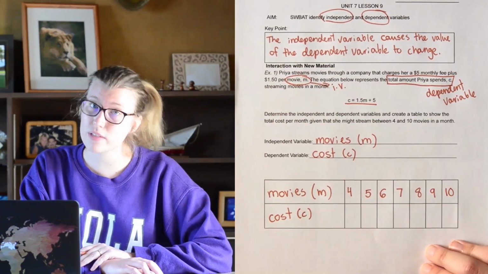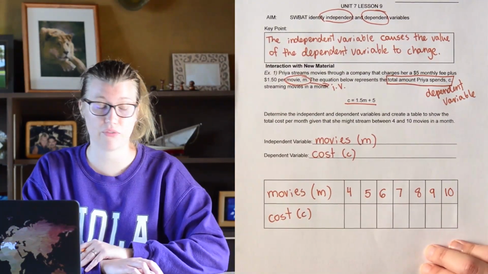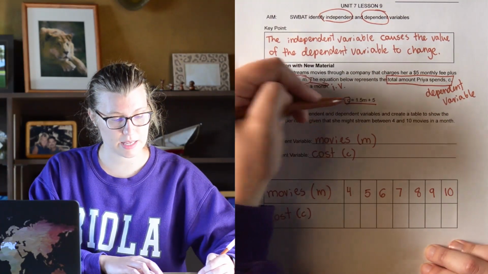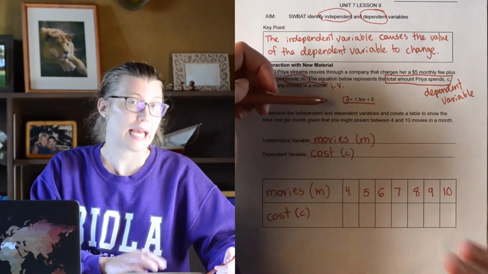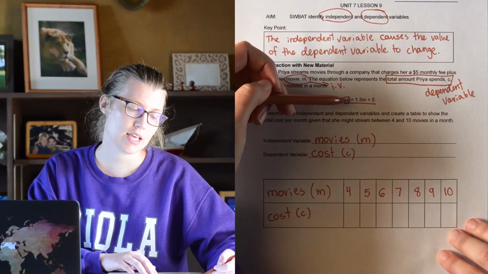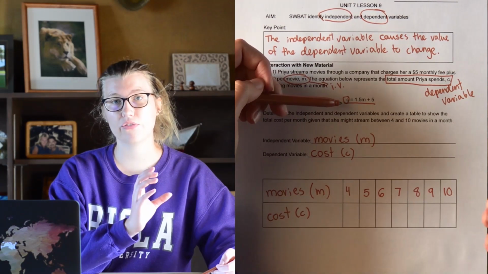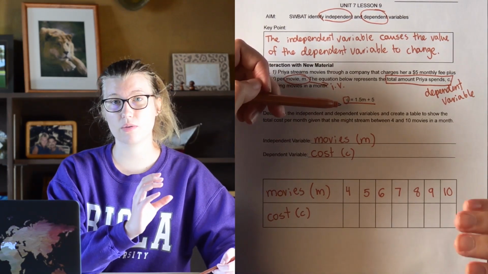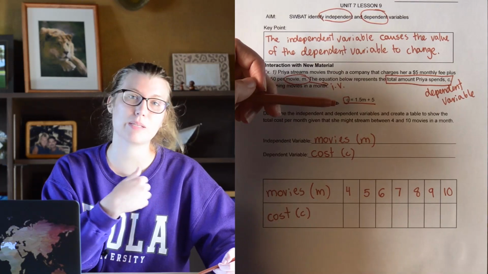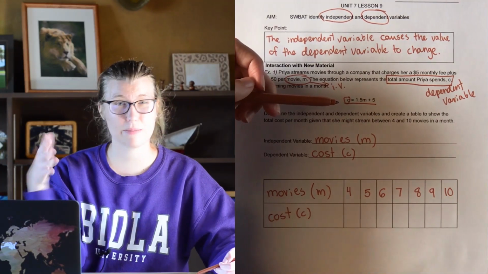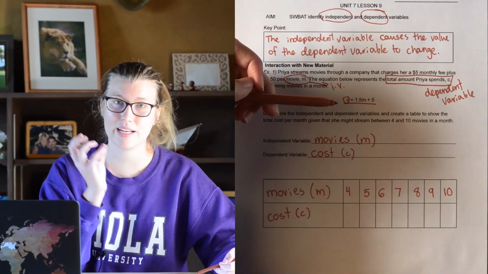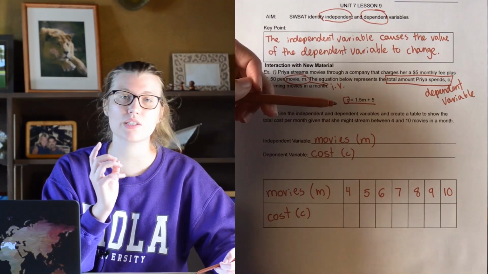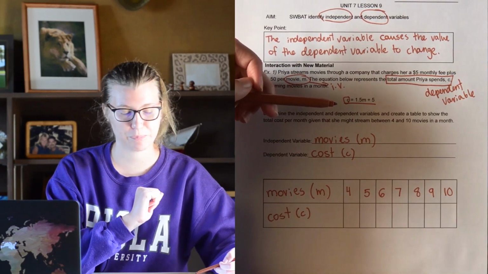So I can use that, using substitution, to figure out my C. Hint, usually the variable that's by itself after or before an equal sign is going to be your dependent variable because it depends on the other side. Whatever you get as your total or your answer is usually going to be your dependent variable.